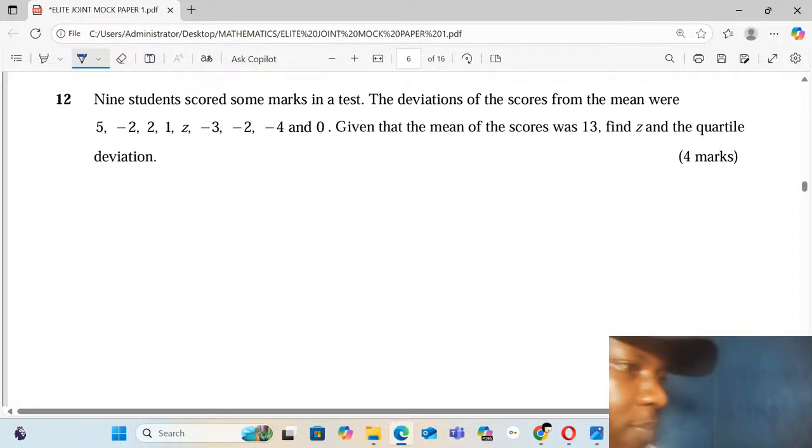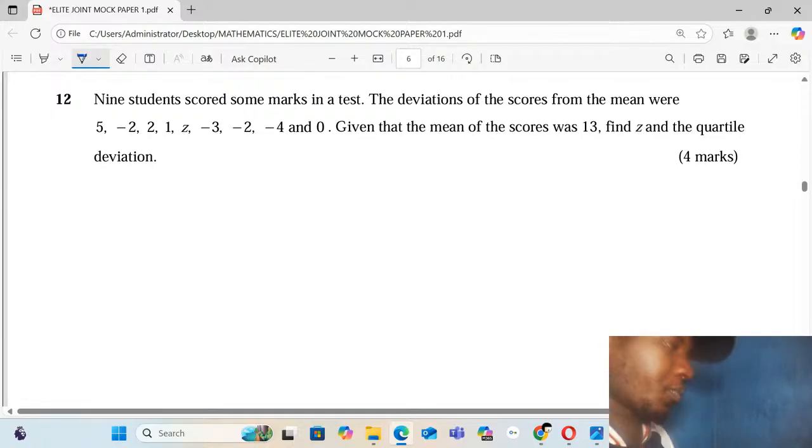Given that the mean of the scores was 13, find Z and the quartile deviation.